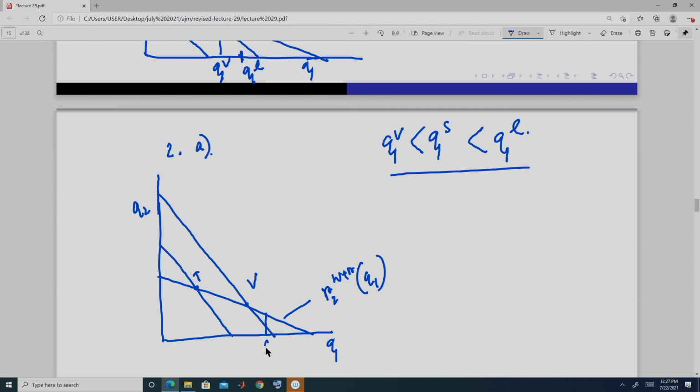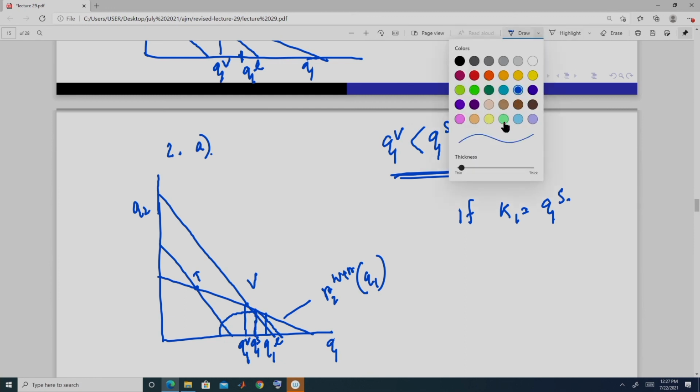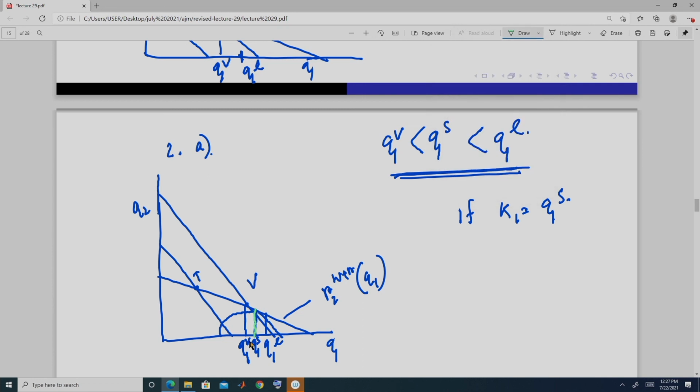Suppose this is Q1L, this is Q1V, and suppose this is Q1S. So it is somewhere here. This is the Stackelberg thing. Okay, now if K1 is equal to Q1S, so capacity is this. So this green line gives me the capacity.